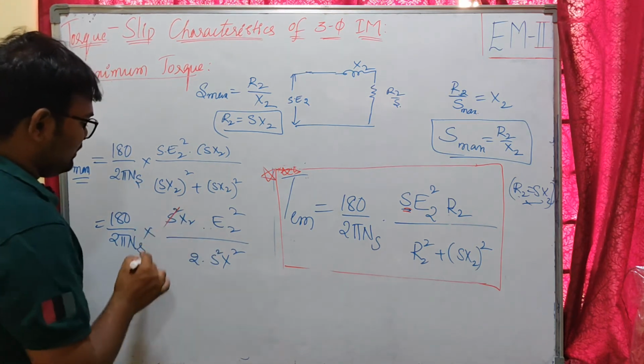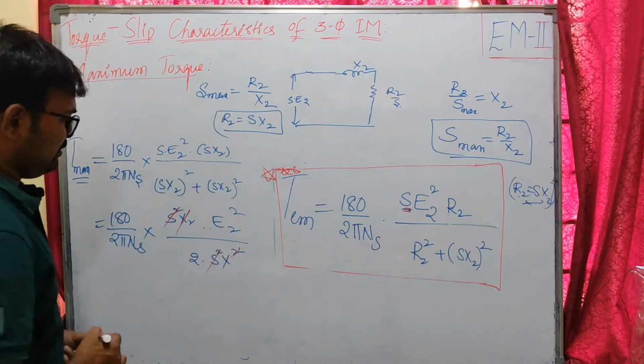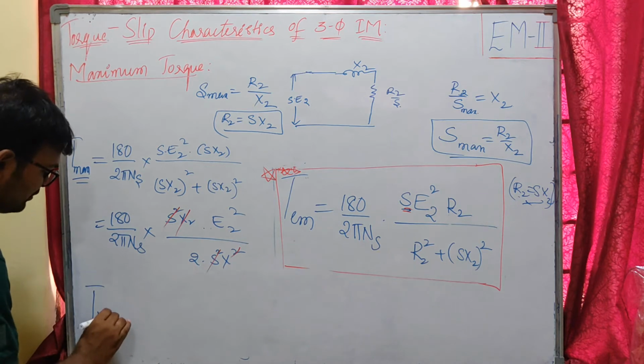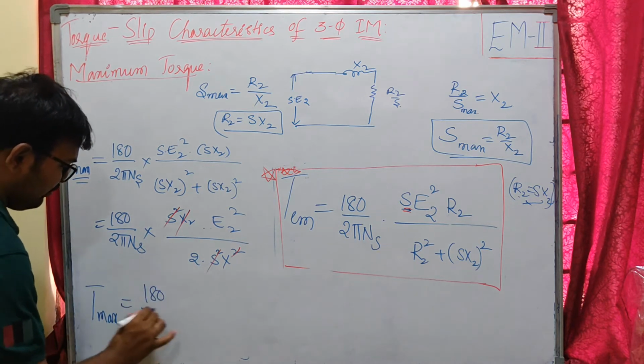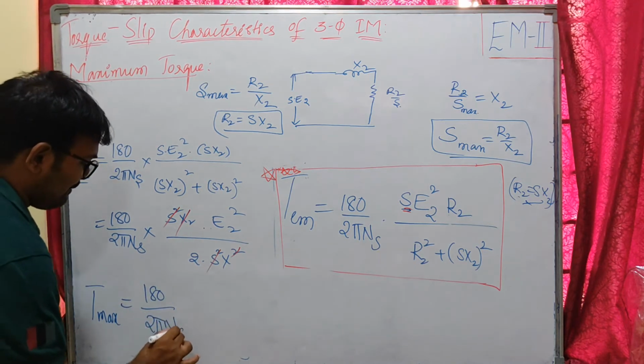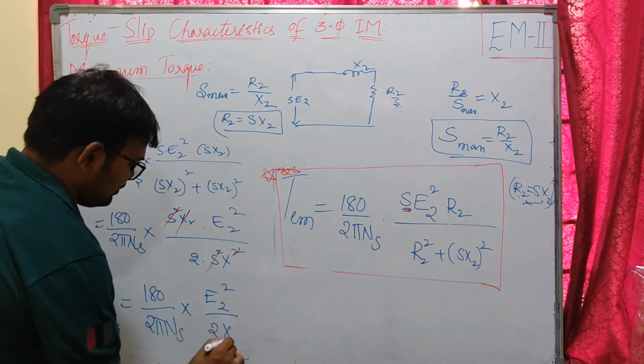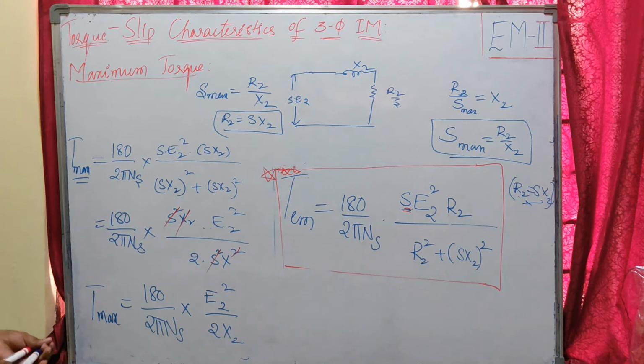We can cancel out S square and x2. So we are left with the maximum torque expression for our 3-phase induction motor: 180 by 2 pi ns into E2 square by 2 x2. This is the maximum torque of our 3-phase induction machine.